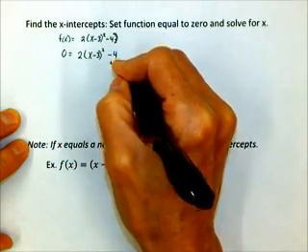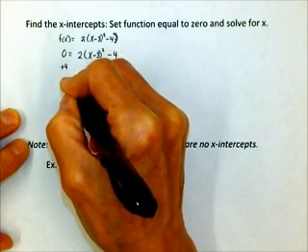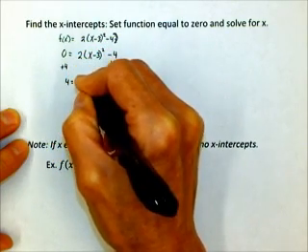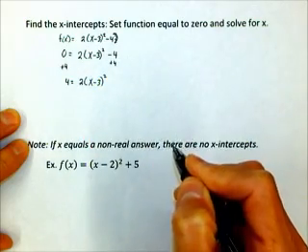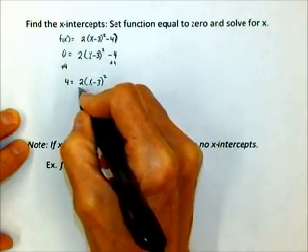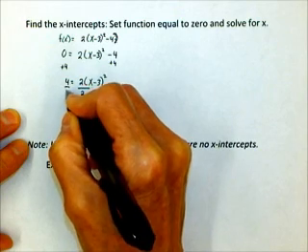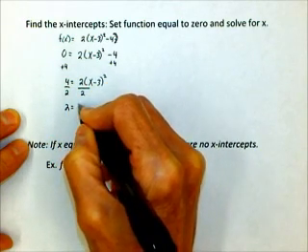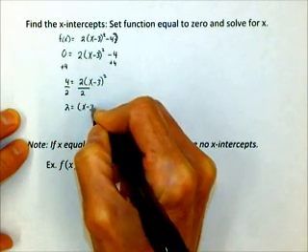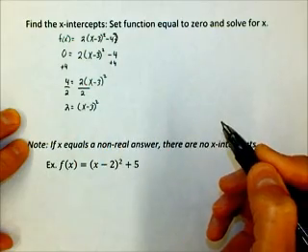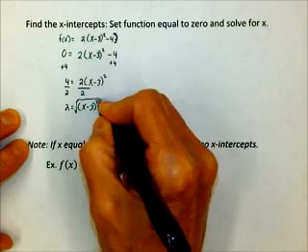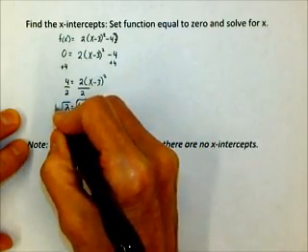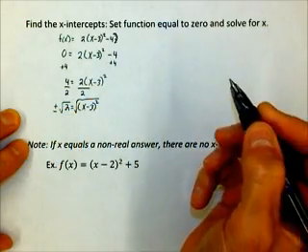So add 4. Okay, I need to isolate the parentheses, so I'm going to divide both sides by 2. Okay, now I need to get rid of the parentheses, so I'm going to square root both sides. When I do that, I have to remember the plus minus over here.